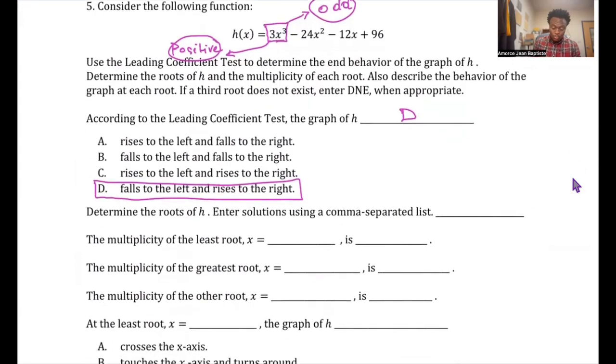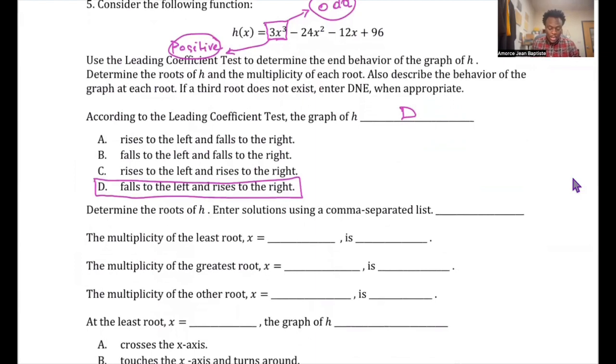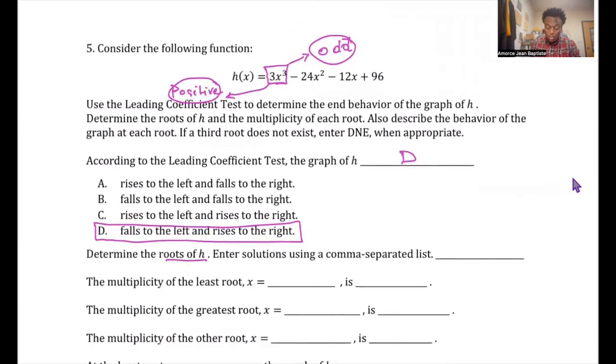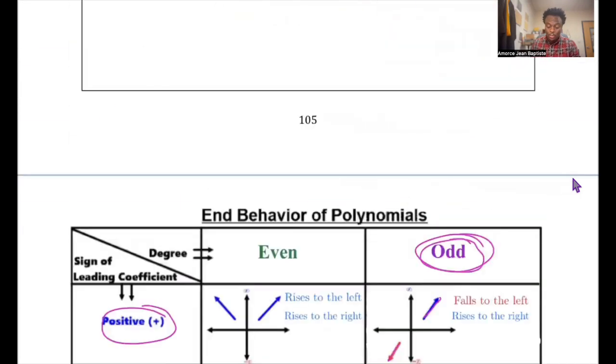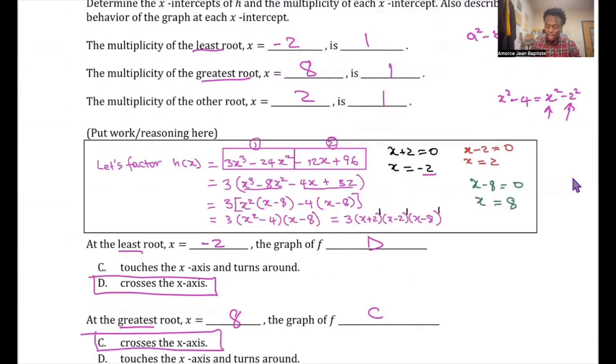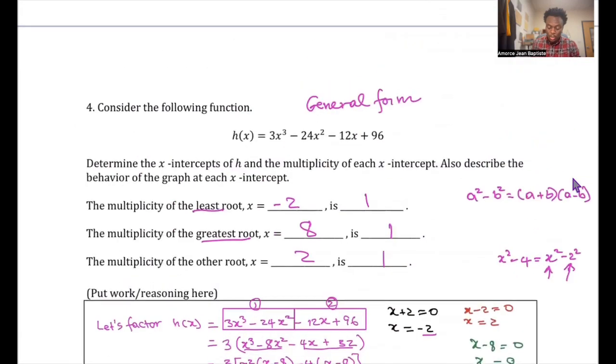And now they are asking me to determine the roots of H. The roots are what we got from the previous problem. Remember, it's the same problem we solved earlier.